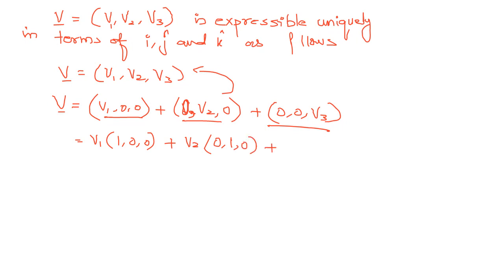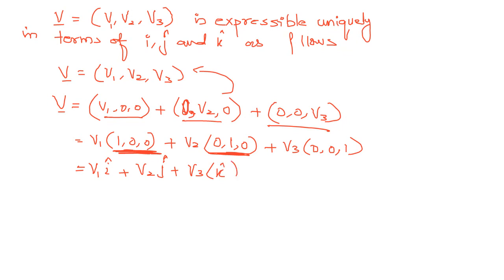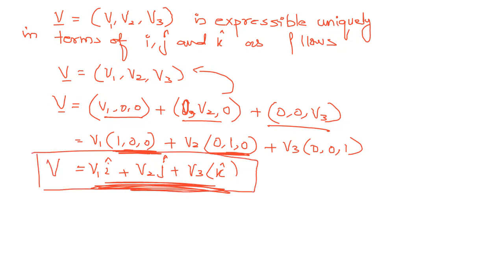We know that the 1, 0, 0 vector is the i vector, the 0, 1, 0 vector is the j vector, and the 0, 0, 1 vector is the k vector. So this is the unique representation of the vector in terms of the unit vectors. Got it? So these are the general notations.